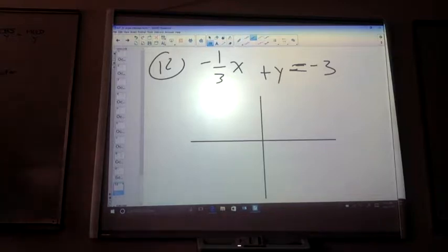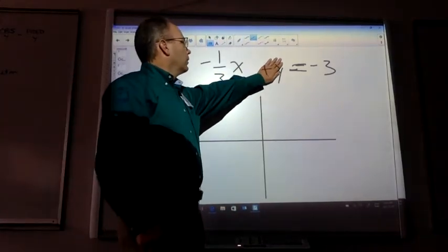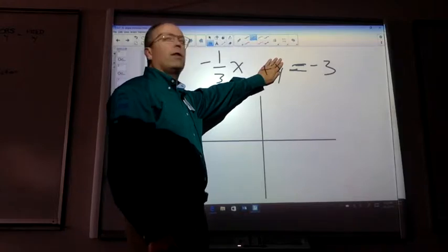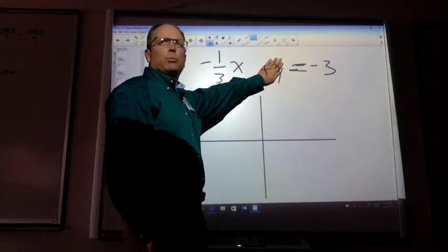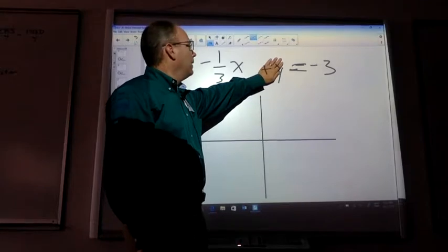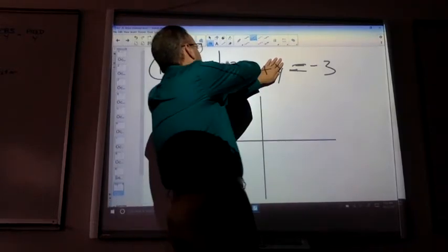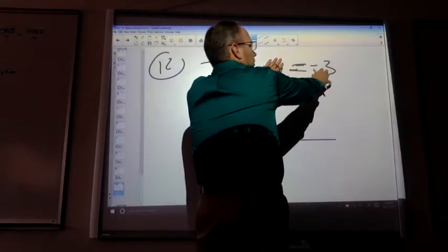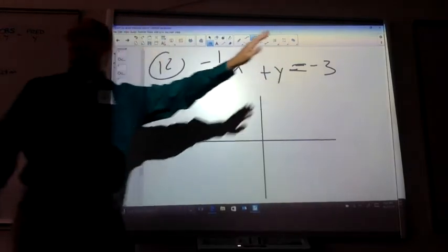So let's cover up the y value first. So I have negative 1/3 x is equal to negative 3. What do I have to multiply both sides by to get x all by itself? Negative 3, right? So if I multiply this by negative 3, that cancels out, gives me x. If I multiply that by negative 3, what do I get?